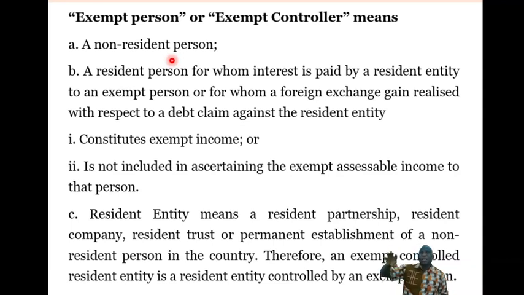So it means that the tax authority will be losing on the interest income that the person is receiving. Meanwhile, the entity paying the interest is charging huge interest in the accounts, so expenses will be high, profit will be low, and the taxpayer will pay a lesser tax. And when that happens, it's the group that benefits at the expense of government.